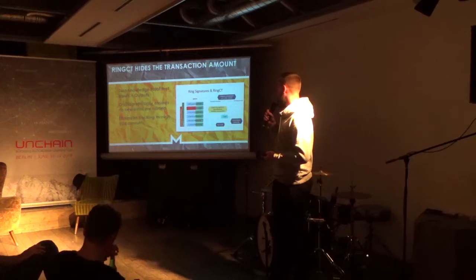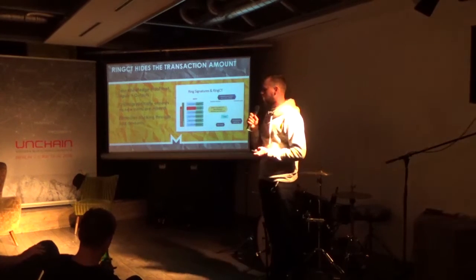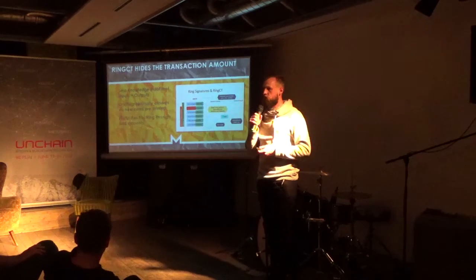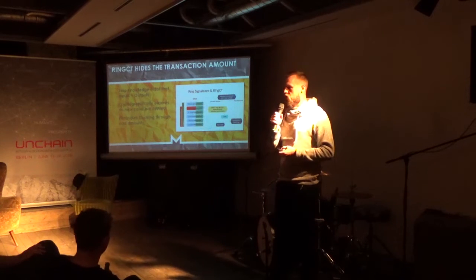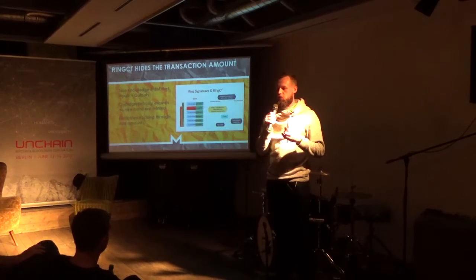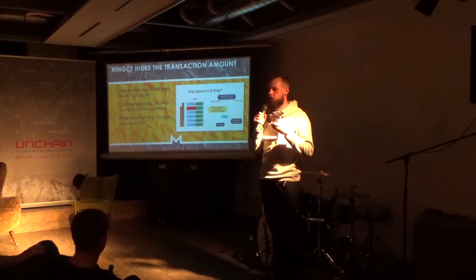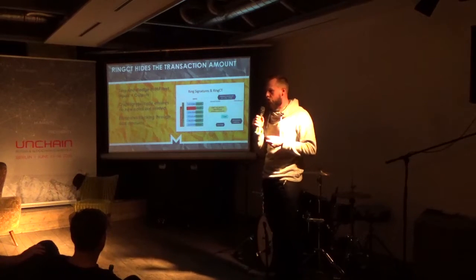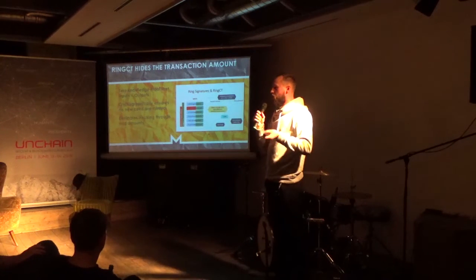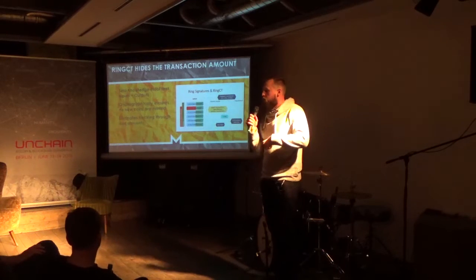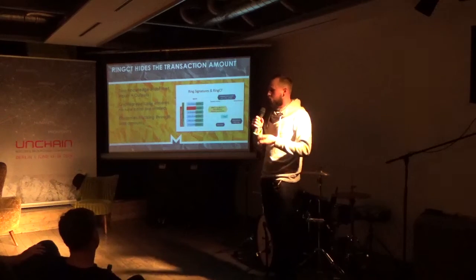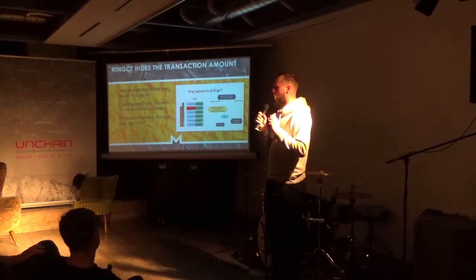And then finally we have something called ring CT, or ring confidential transactions. This is used to, as I mentioned before, hide the amount of a transaction, and this is good because, for example, maybe I pay 0.32189 something Monero, which is a very odd amount.